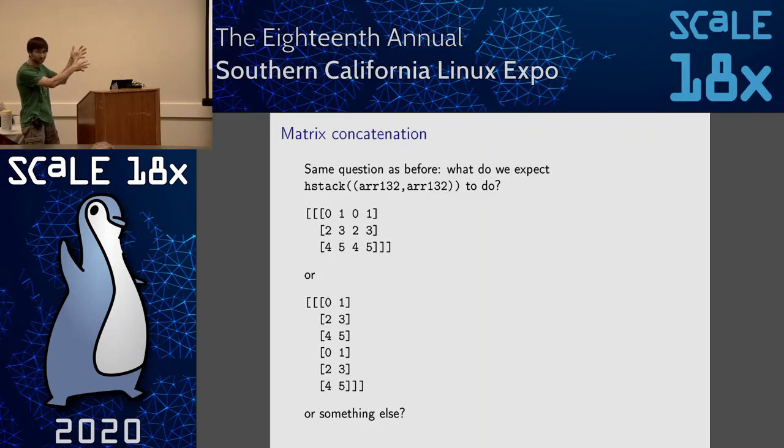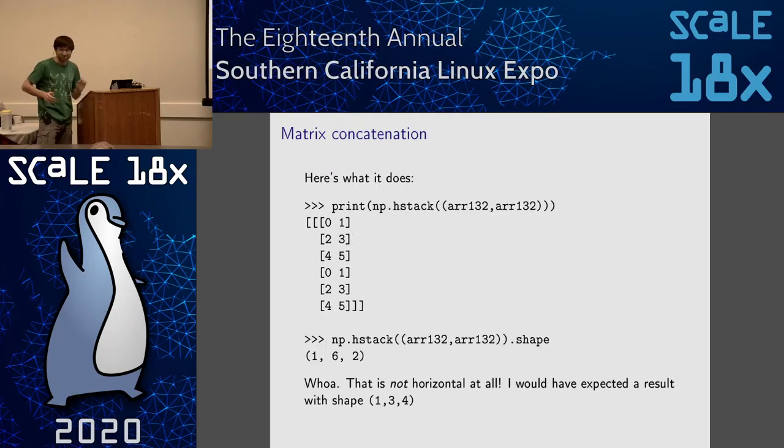Do we get this vertical thing? Do we get something else? Does it barf? Again, I'm going to guess no one is sure what the answer is. So the answer is that. I called hstack on it, and that is not horizontal. And unless you're an expert in the way NumPy does things, this is going to be surprising. I'm guessing this is familiar. It hit a nerve for me, because I kept running into this over and over again.